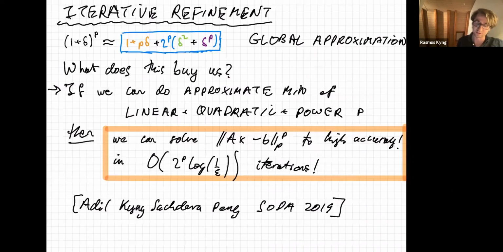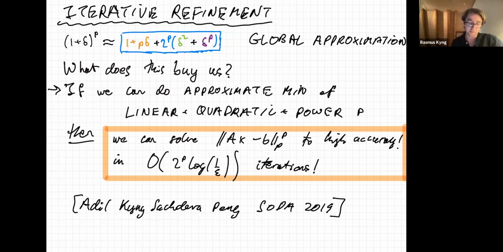This global approximation. It turns out the magic that we get is that if we can do an approximate minimization of linear plus quadratic plus power p, then even if it's a very bad approximate minimizer of this stuff up here, we can still make progress.